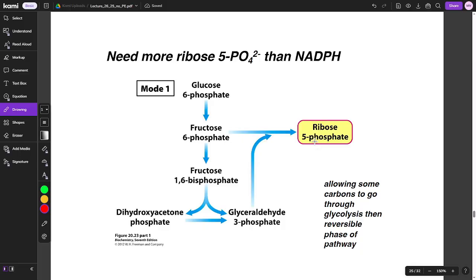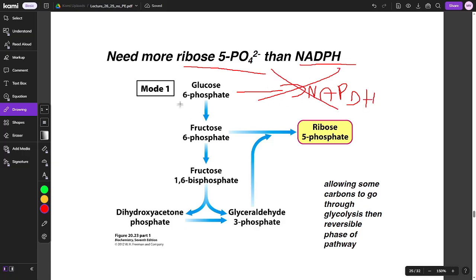And this is basically what happens if the cell needs certain things. So, if the cell needs ribose 5-phosphate more than NADPH, so it does not need NADPH, we just won't do the oxidative form. So remember, the oxidative form would go this way, right? You'd have a branch coming off this way to make NADPH, and then we'd have the 6-phosphogluconolactone and all that stuff. But we don't need to do this, so we don't do that.